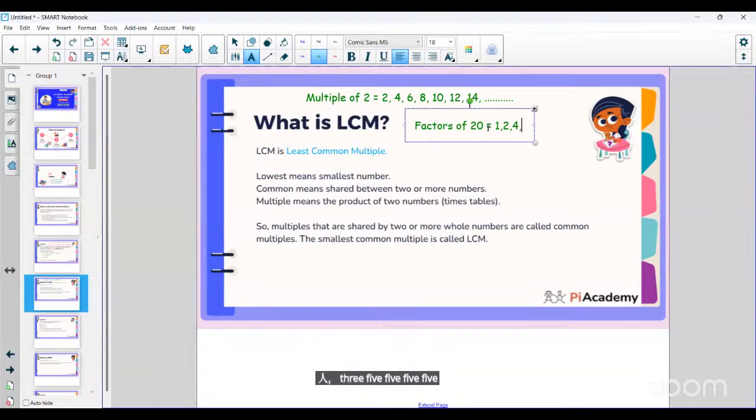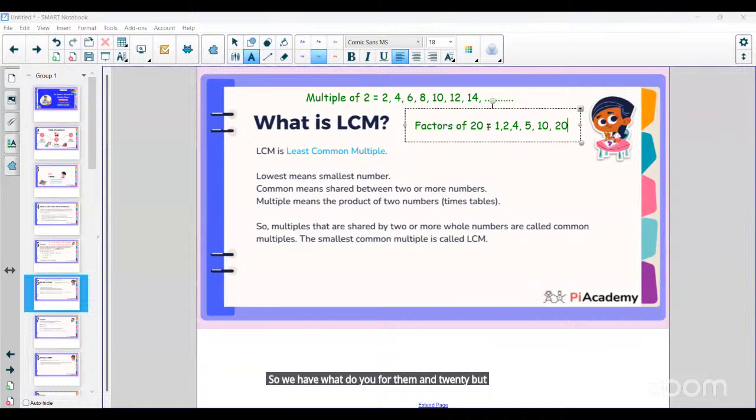Then 10 and then 20. So we have 1, 2, 4, 5, 10, and 20.